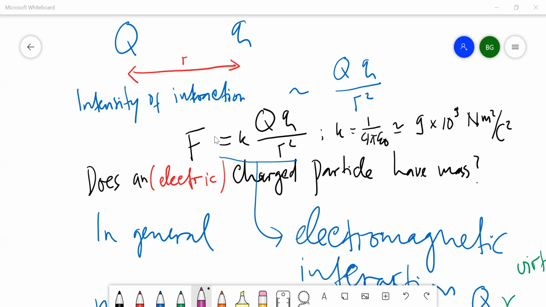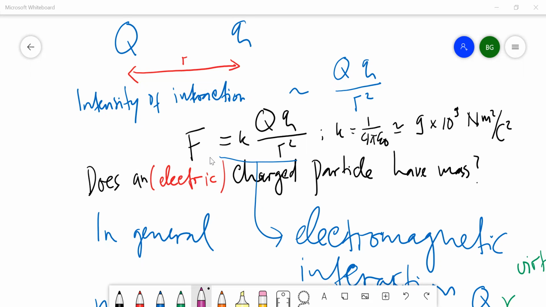So if we say that this interaction is a force, then explicitly, even though the expression here doesn't contain a mass, it means that the charged particles, this capital Q and this Q here, each of them has a mass.